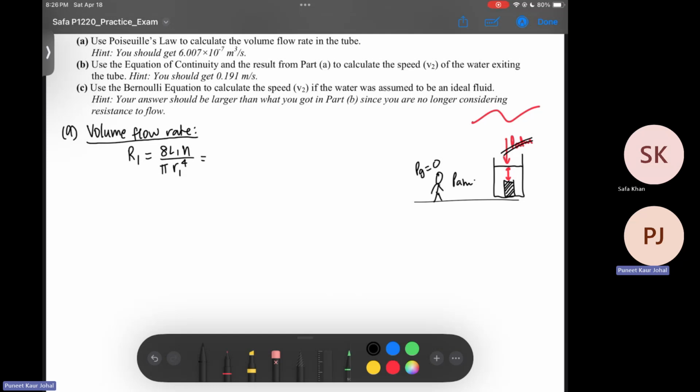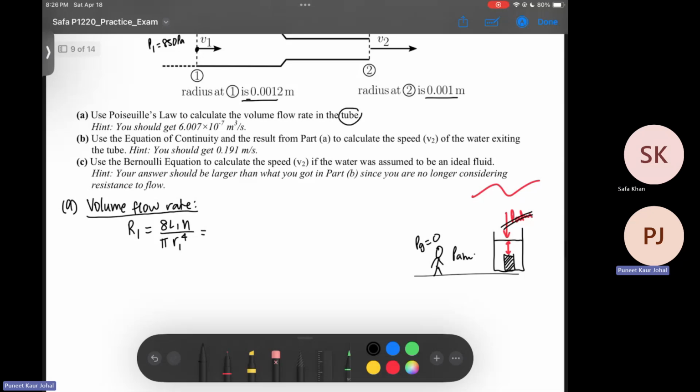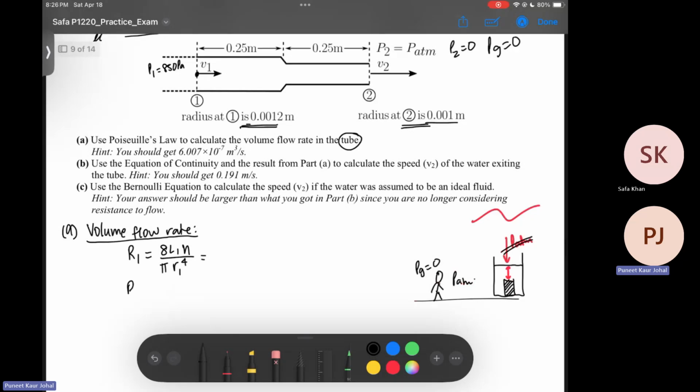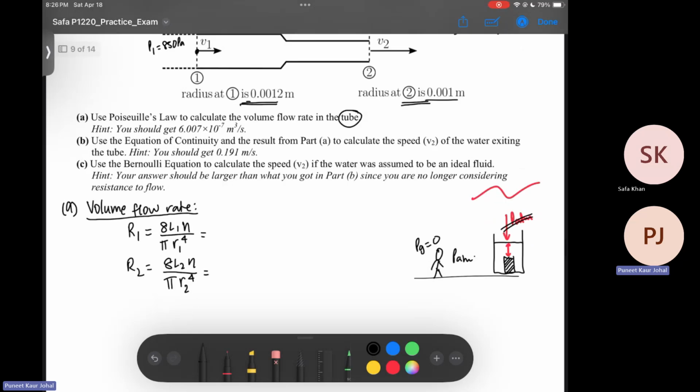You're given all the parameters, so all you have to do is just plug in the numbers. And it says the entire tube, so there are two sections. You can do it for the first section and then you can do it for the second section as well. So you can do both. The viscosity stays the same, but the length and the radius will change, so just solve with the given parameters.